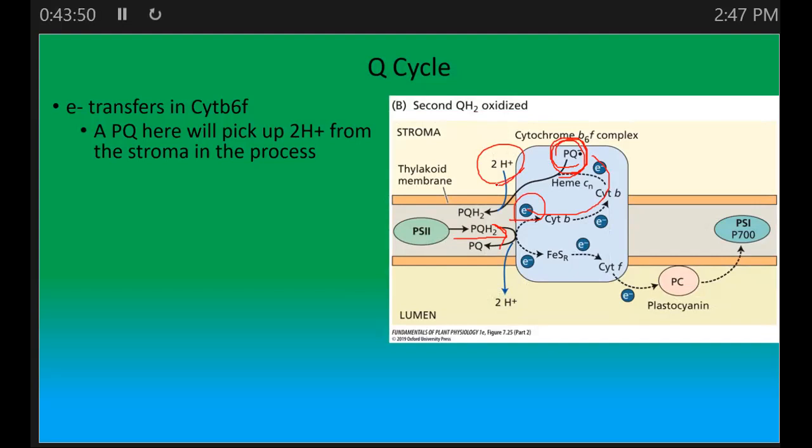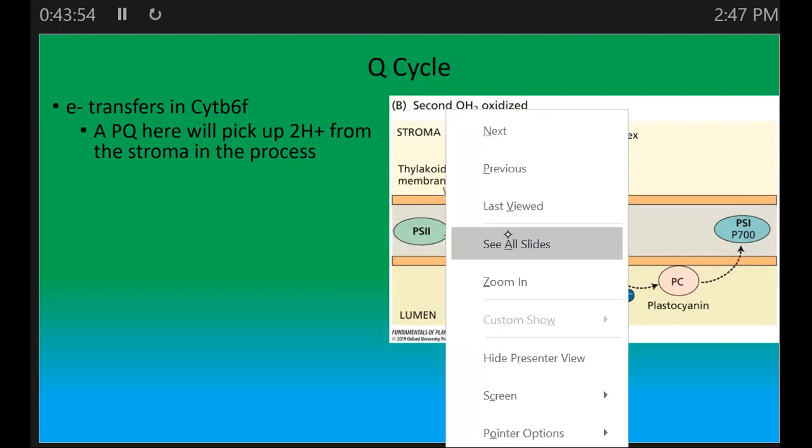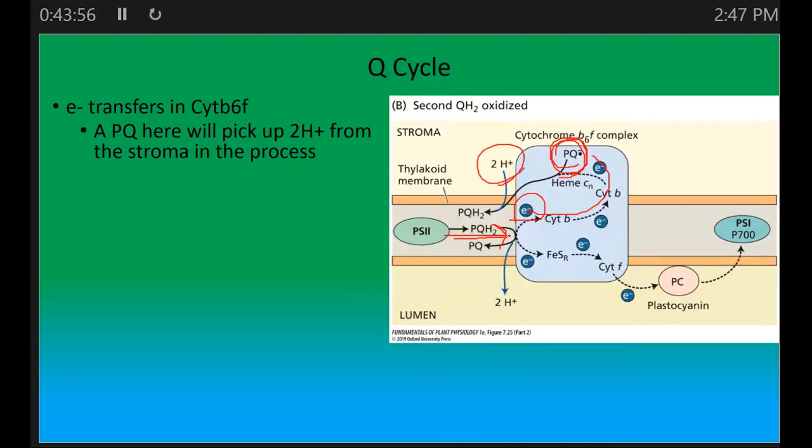And remember, anytime a PQH2 is moving from photosystem 2 into the Q cycle, it's also dumping protons into the lumen. So what you see happening is protons disappearing from the stroma because they're getting reacted with molecules, in this case to become PQH2.